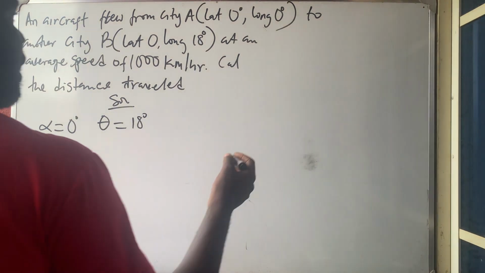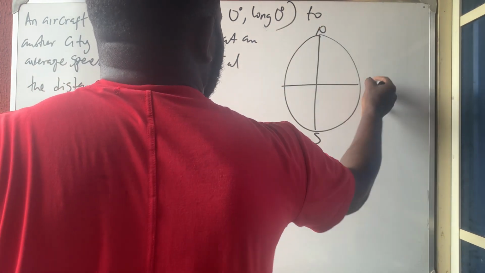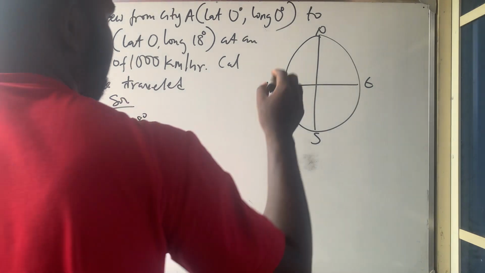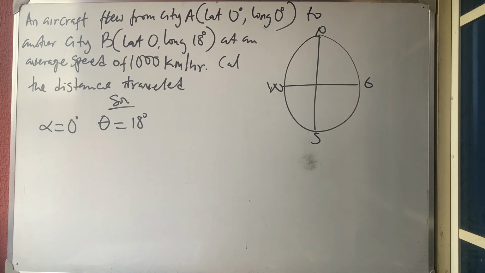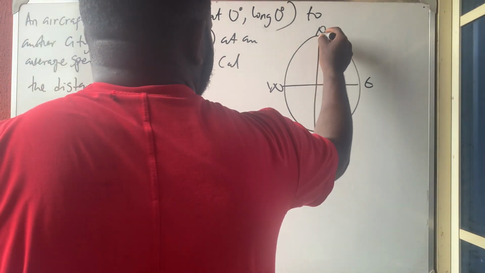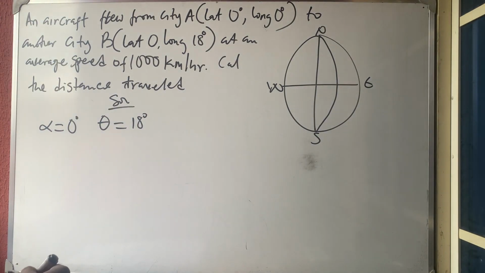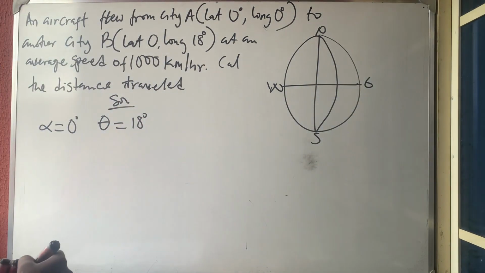But let me just draw it. Drawing it, I have my cardinal points north, south, east and west, and the latitude is 0, so we are not drawing it, but the longitude is 18. So I will draw my 18. The problem here is we don't know if we are drawing it to the east or to the west, but let's just draw anywhere. Let's just take it to be here, for instance. Where do they meet?